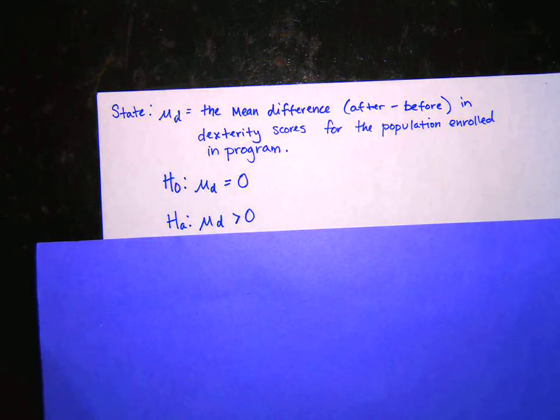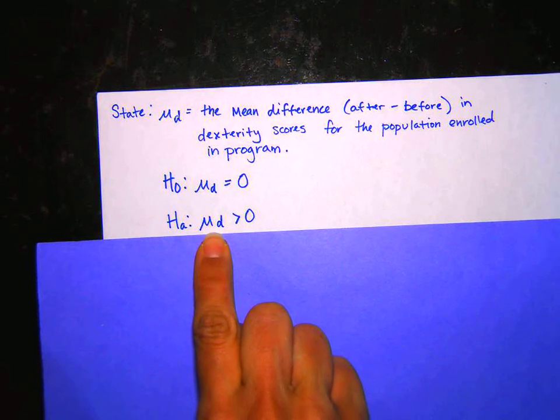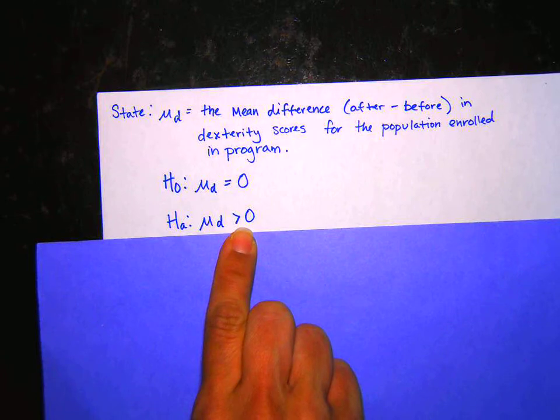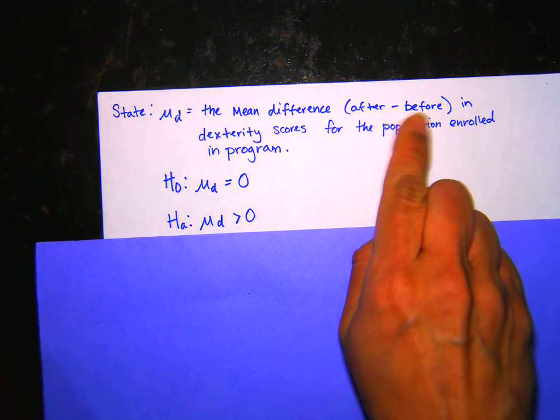So I'm saying there's going to be no difference between the start of the program and the end of the program. But the company's claim is that there is a difference and that the scores improve, which gives us positive values. Because I did after minus before, my claim is that the mean difference is going to be greater than 0 for this problem.